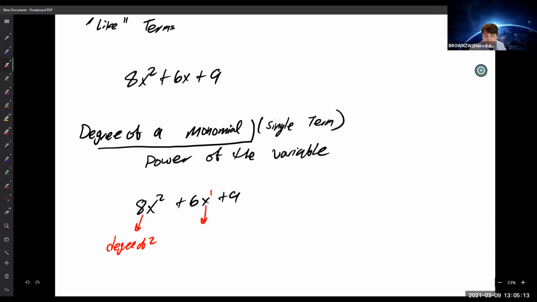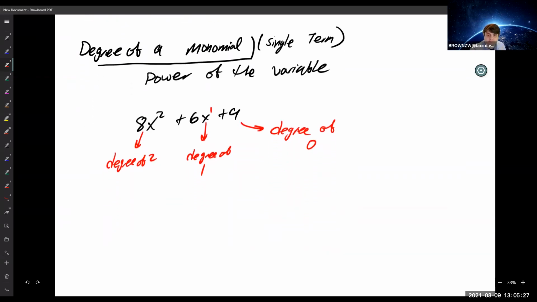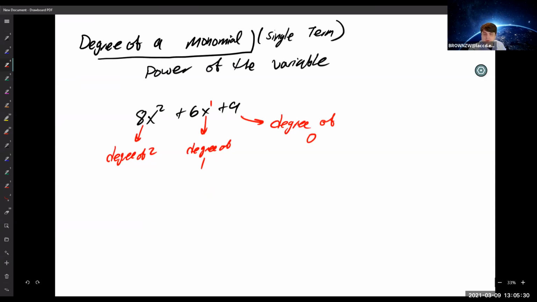This 6x, technically there's a 1 here, so that'd be a degree of 1. And the 9 has no variables, so that's going to have a degree of 0. So that's the degree of a monomial.